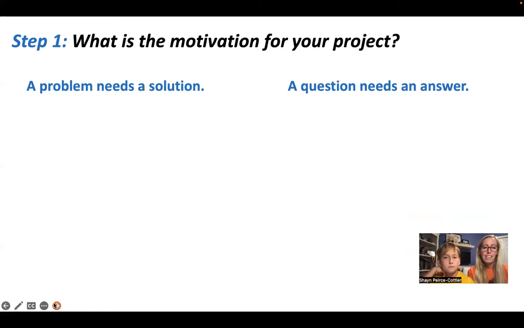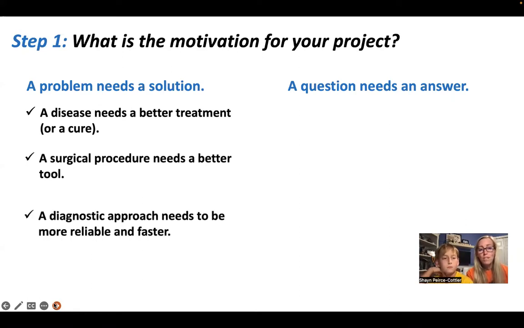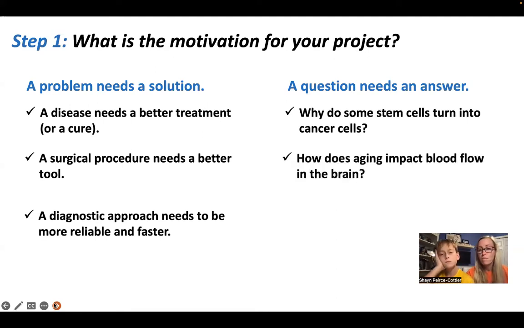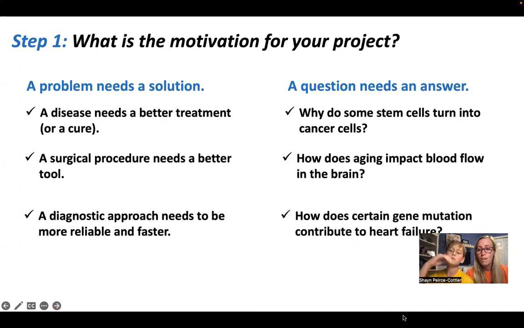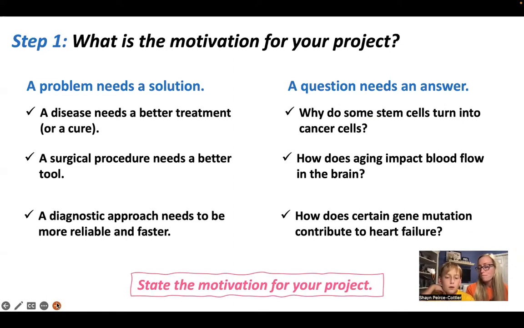So this could be, for example, a disease that needs a better treatment or a cure, or a surgical procedure that needs a new tool, or a diagnostic approach that needs to be more reliable and faster. If you're working on some questions, it could be like, why do some stem cells turn into cancer cells? Or how does aging impact blood flow in the brain? Or how does a certain gene mutation contribute to heart failure? So Matthew, I'm curious, what was the motivation for your project?